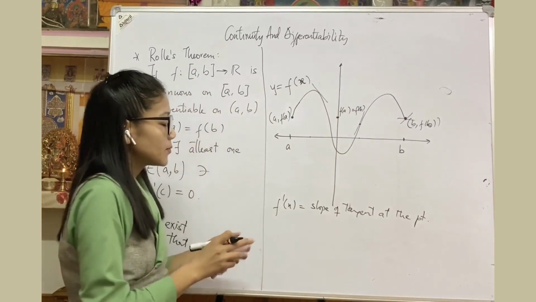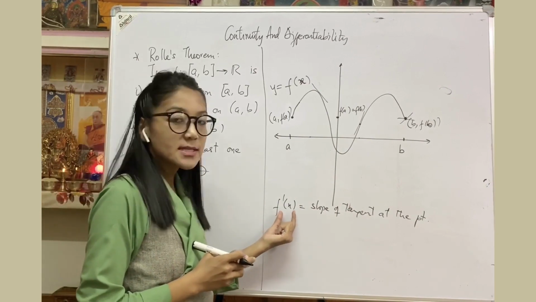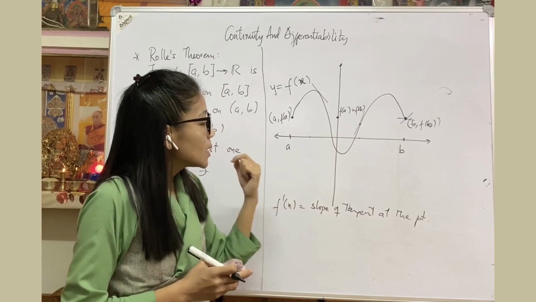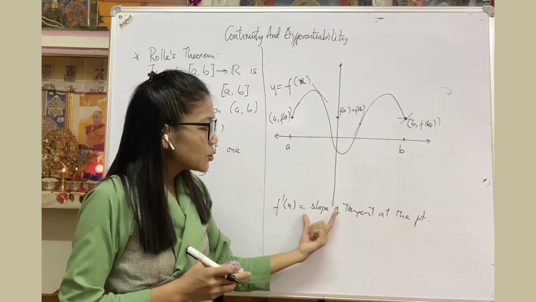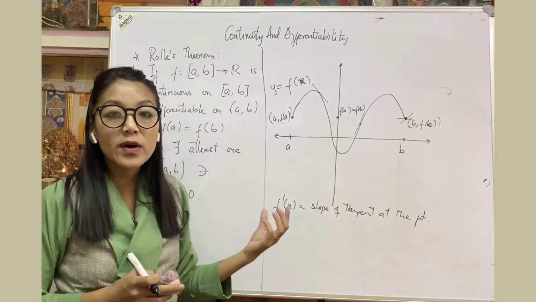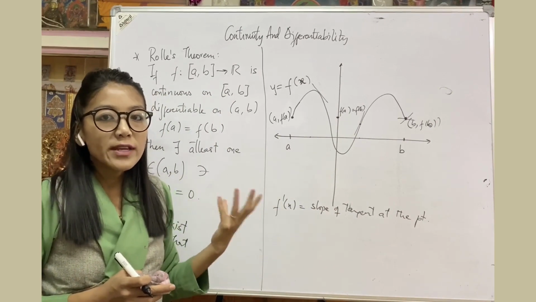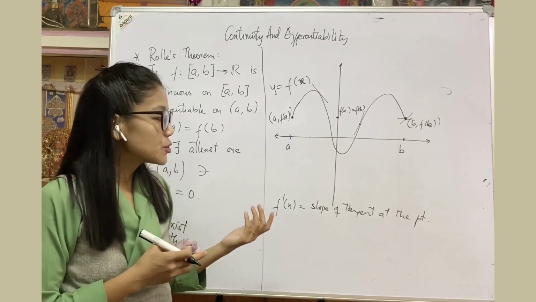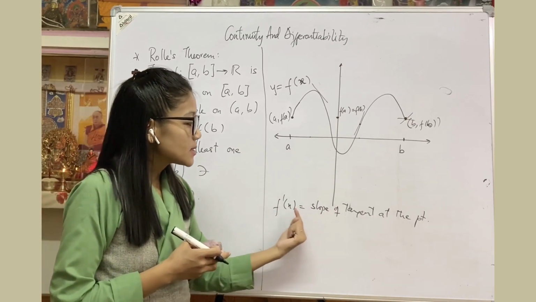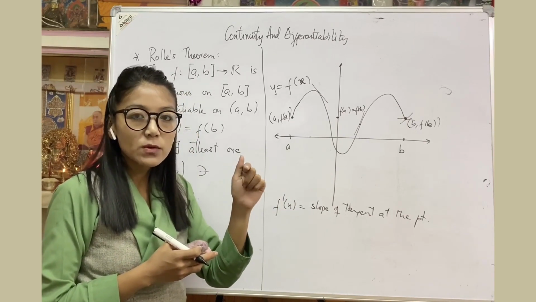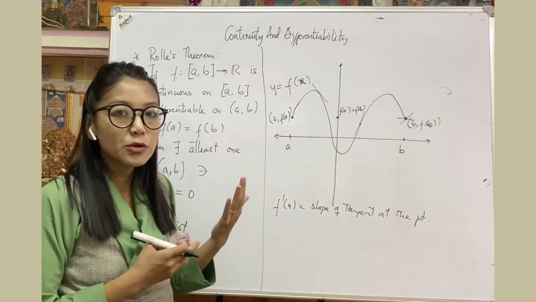So we consider the derivative of x as the slope of the tangent at that point. With this concept you had derived the first principle method to find the derivative of any function, right? Whether it is a polynomial function or trigonometric function. So the concept is the derivative of a function at a point is equal to the slope of the tangent. So we had used that concept.